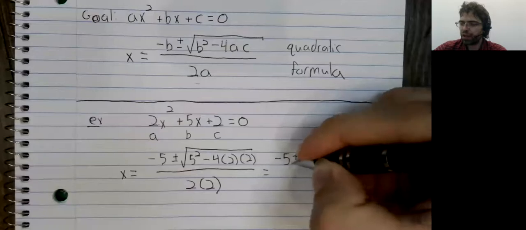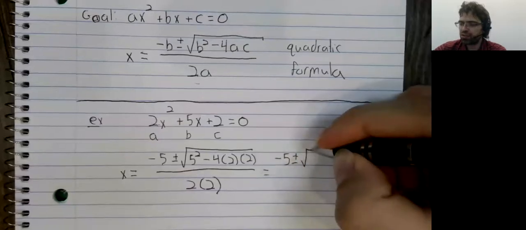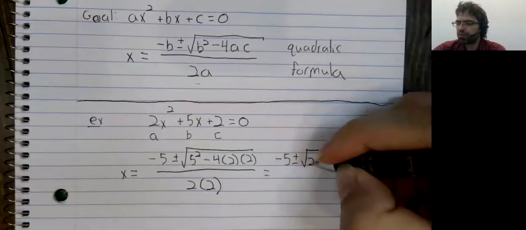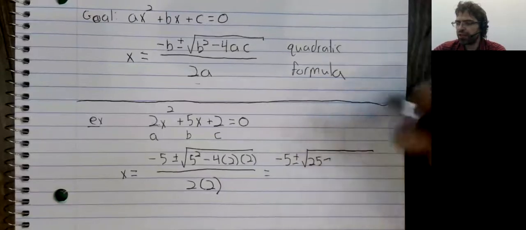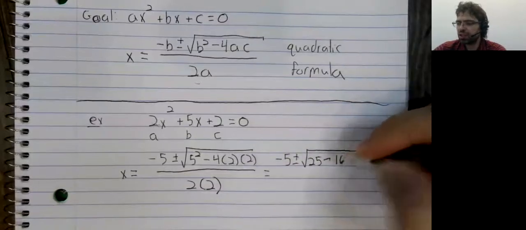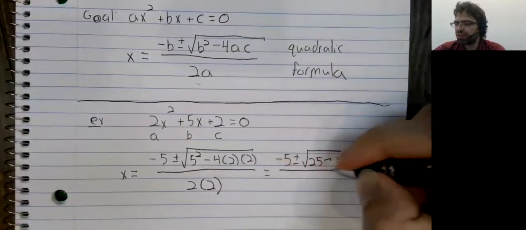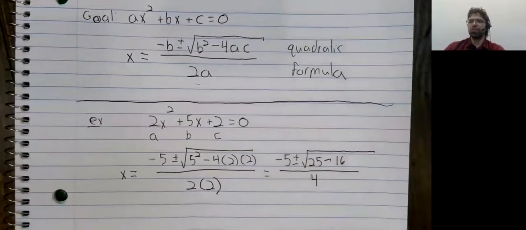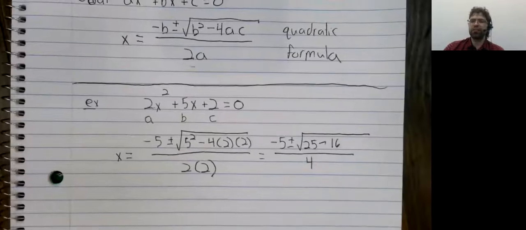So negative 5 plus or minus, okay, 5 squared is 25, minus 4 times 2 is 8, times 2 is 16, all divided by 4.